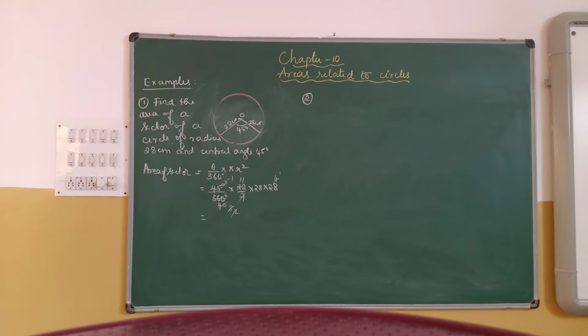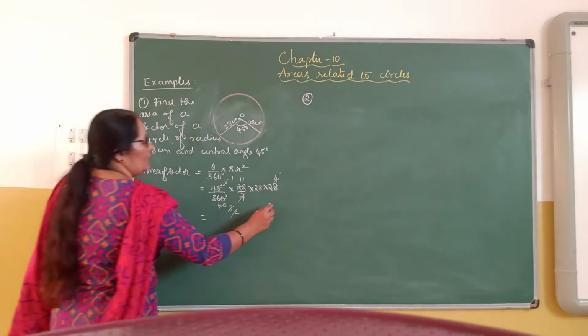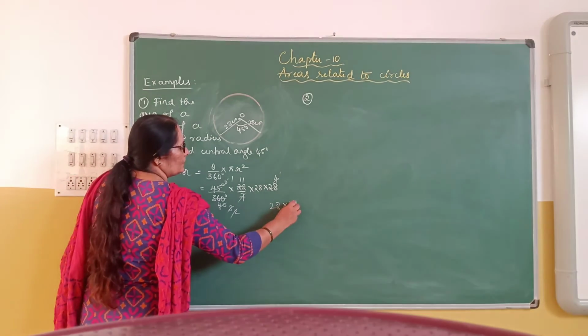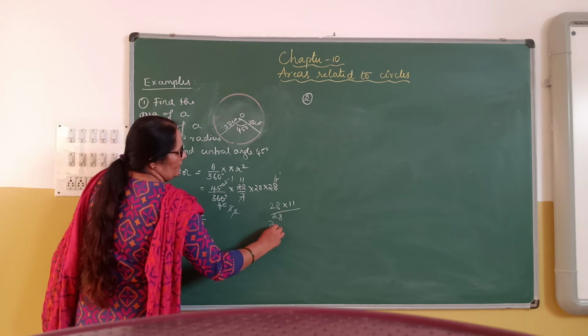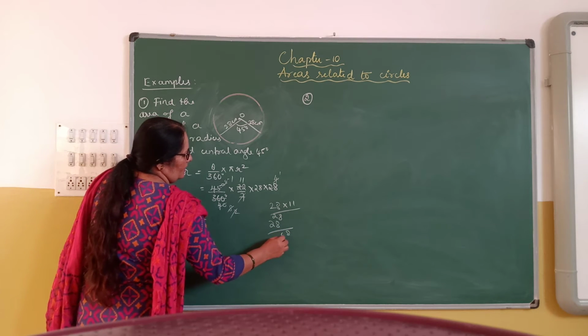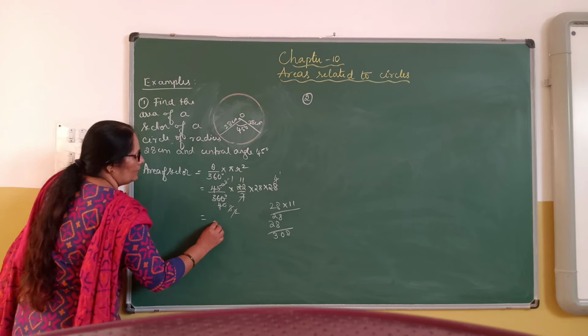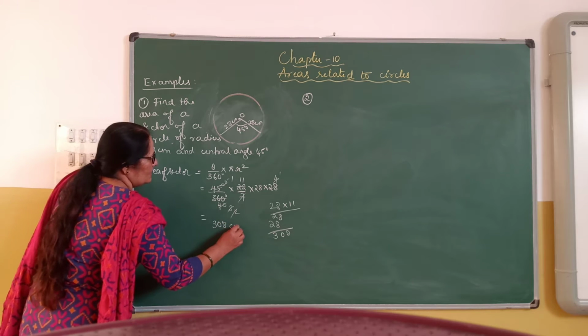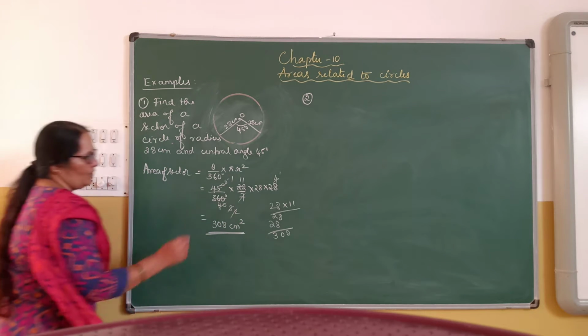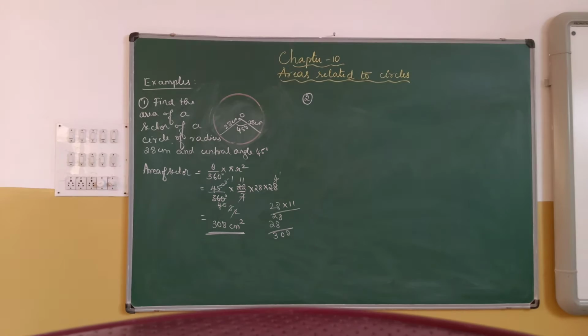So 11 into 28. Multiply 28 into 11, which gives 308. So 308 centimeters square. So the area of the sector is 308 centimeters square.